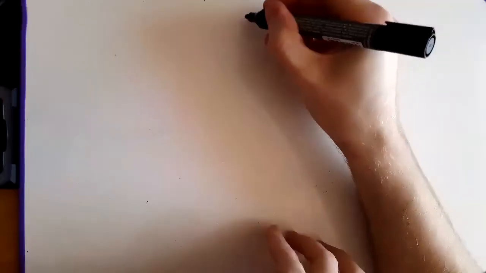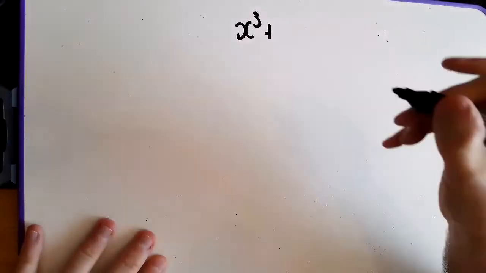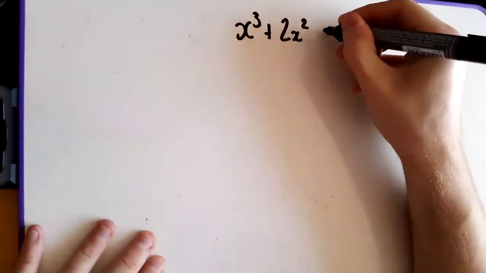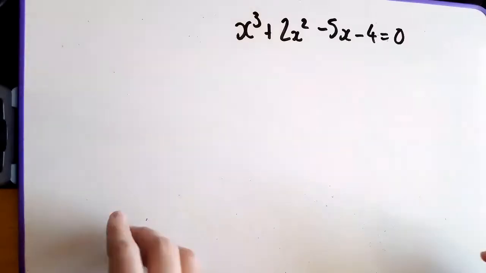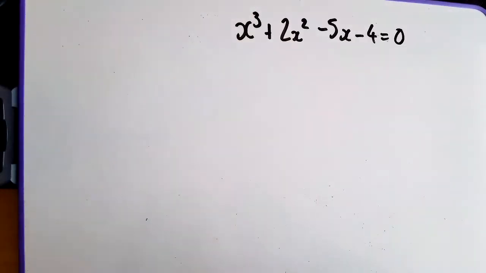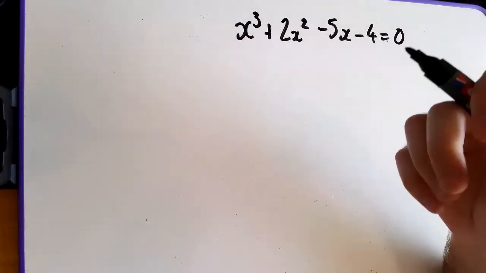So if we have the equation x cubed plus 2x squared minus 5x minus 4 equals 0, and we want to try and solve that. Well, we can't solve cubics easily algebraically, so we have to use a numerical method.